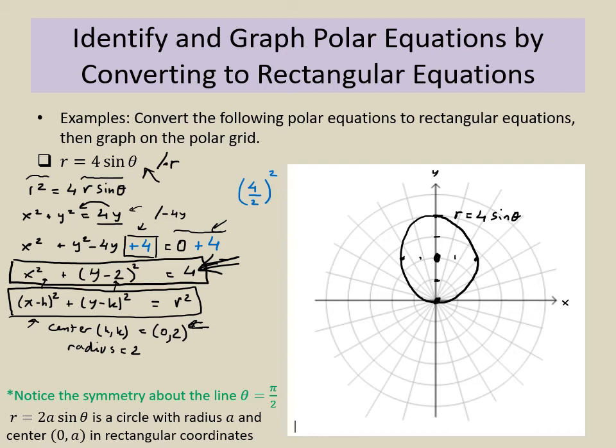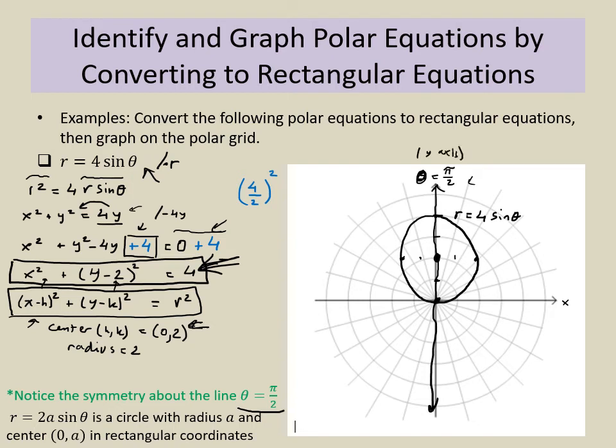Let's notice a few things here. Notice the symmetry. This circle is symmetrical about the line theta equals pi over 2. Remember, the line theta equals pi over 2 is this line right here. So in other words, the y-axis.